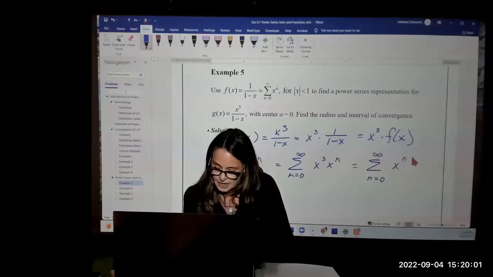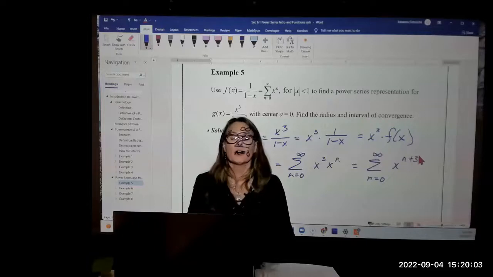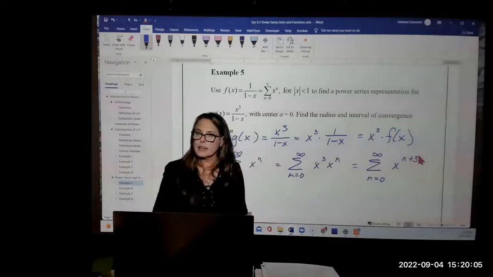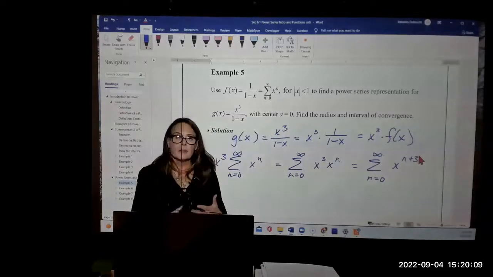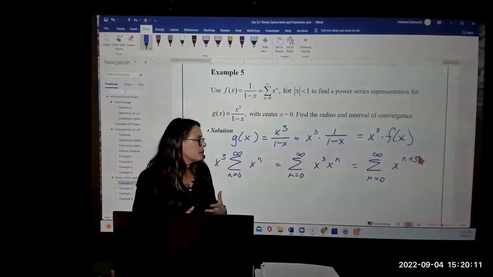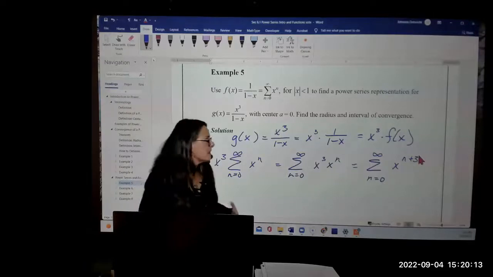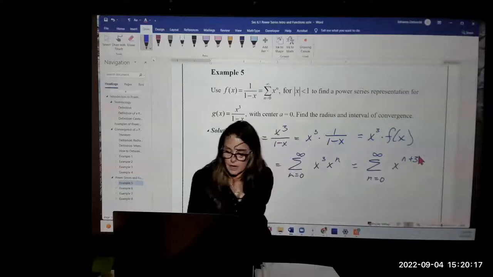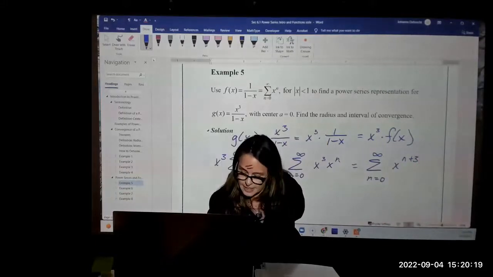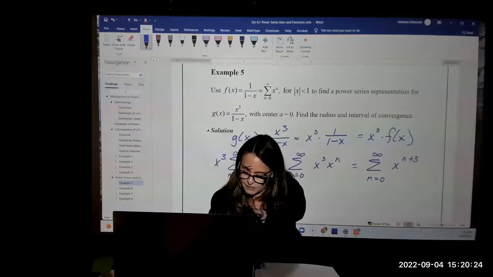So this gives us x to the n plus 3 power, which looks an awful lot like a geometric series, and in fact it is. We can again manipulate the subscript. We can subtract 3 here and add 3 here to compensate. This is the same thing as the series from n equals 3 to infinity of x to the n.